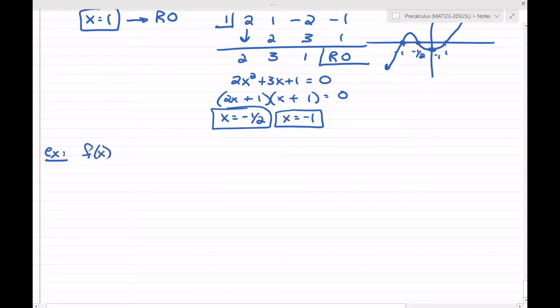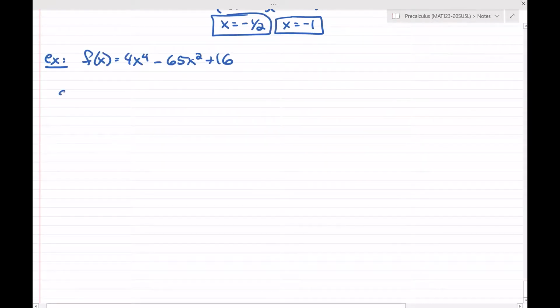What if we had f of x equal to 4x to the 4th minus 65x squared plus 16. So there's supposed to be 4 total roots. The number of positive roots. Well, we have a positive, negative, positive. The only time we plug zeros in is when we're doing division, but that's not what we're doing here.